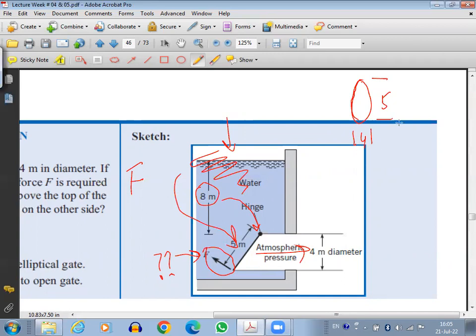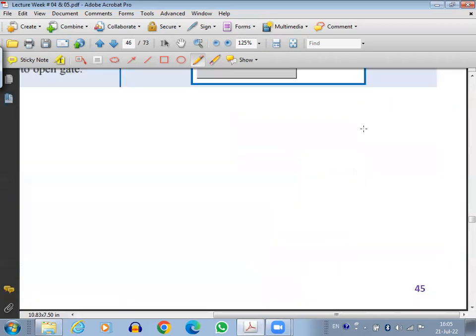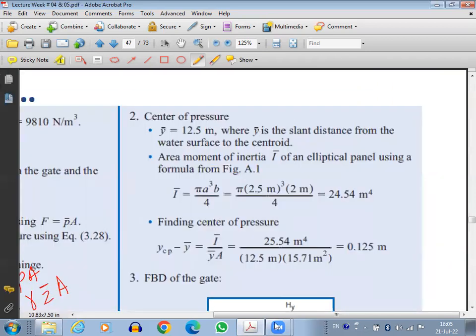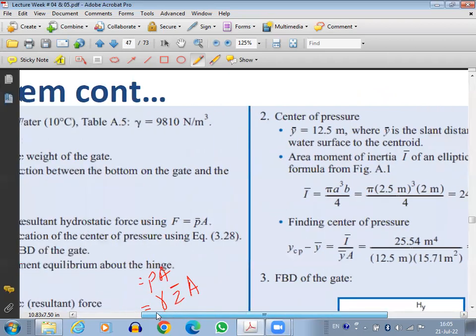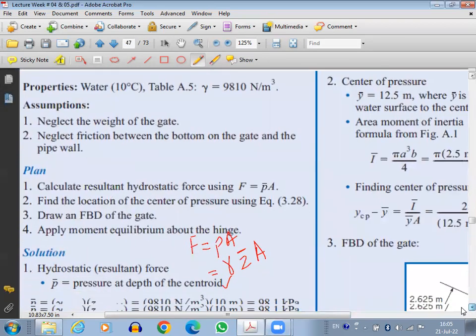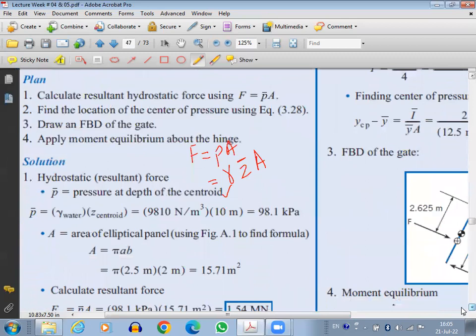Okay. And the formula for area here is basically pi into A into B, where A is the smaller diameter, B is the bigger diameter. Okay. So since you know the smaller diameter and bigger diameter both, so you see here, this is the area of the elliptical panel, pi into A into B. Okay, so here A and B are, sorry, not the diameters, they are the radiuses.